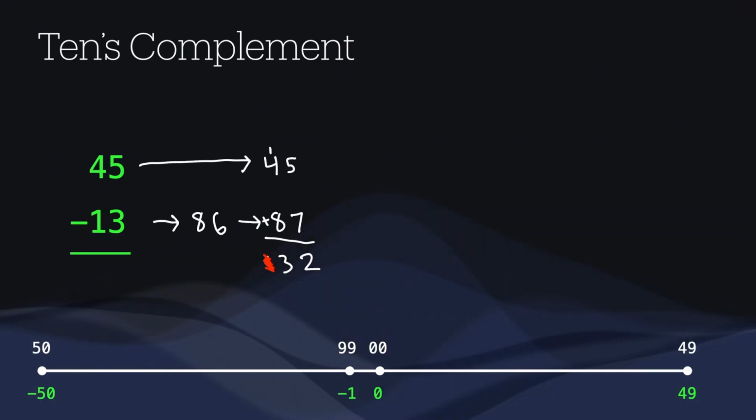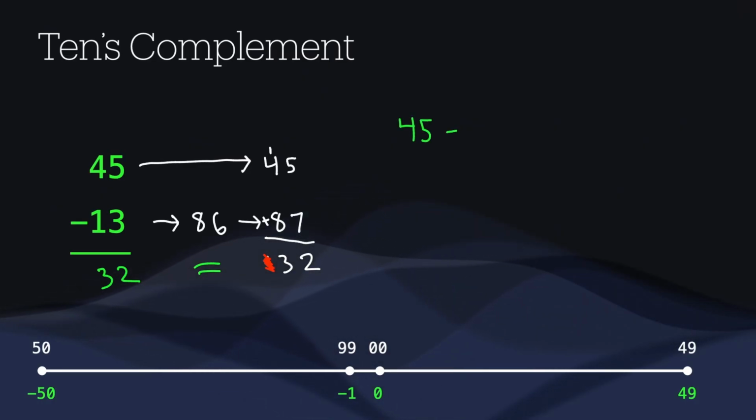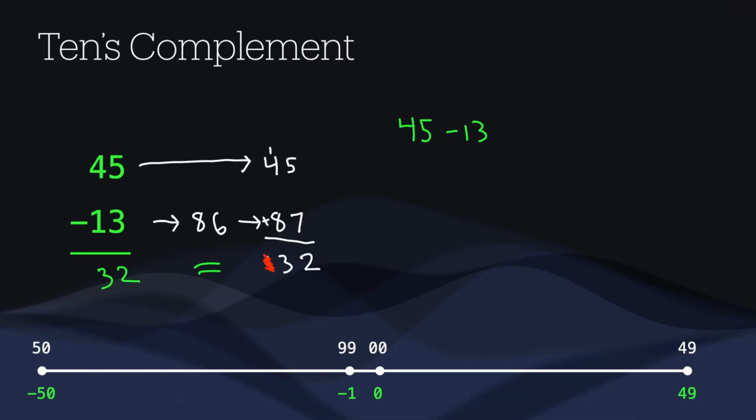Let's check our work. What happens if we compute 45 minus 13 the normal way? 5 minus 3, 2. 4 minus 1, 3. These two are equal. Why does this work? Let me show you. Here I have 45 minus 13. What I'm gonna do next may seem strange, but it'll make sense in a second.